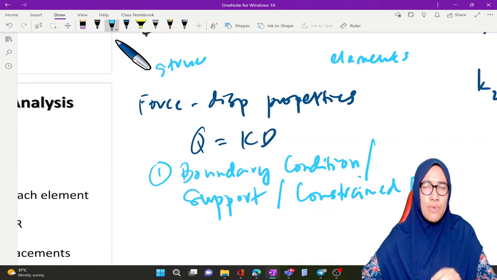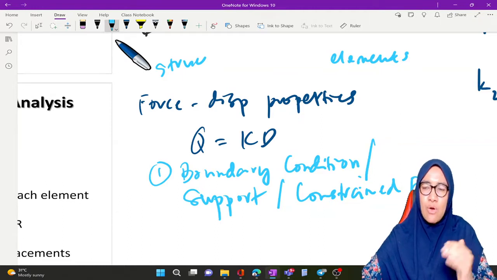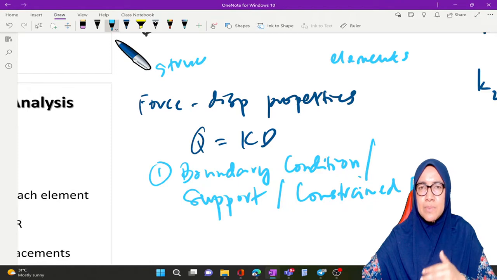So the most important term in this topic that you need to understand is degree of freedom, because we should be able to differentiate between unconstrained and constrained degree of freedom systems. Due to support, there is a constrained degree of freedom.